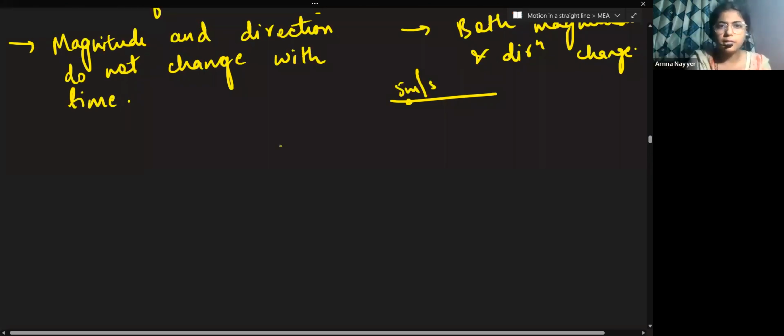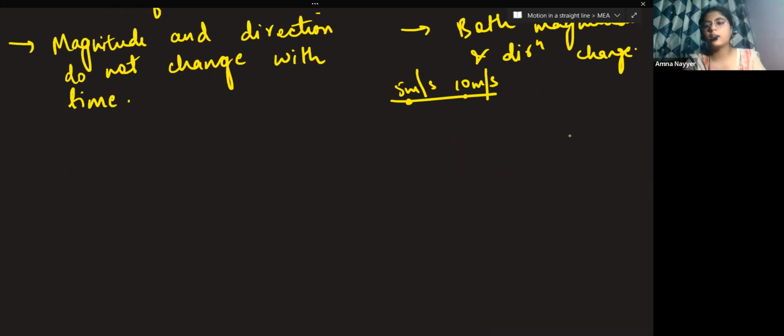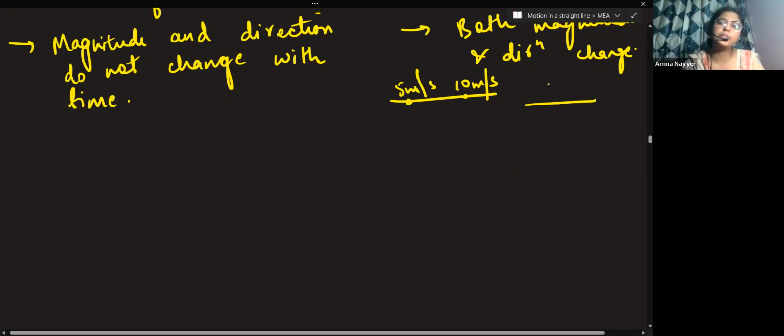Then at a certain interval of time, the car's velocity becomes 10 meters per second. So now we can say it is non-uniform because the speed has changed. Or it can also happen that the car is moving with 1 meter per second, this is its velocity.